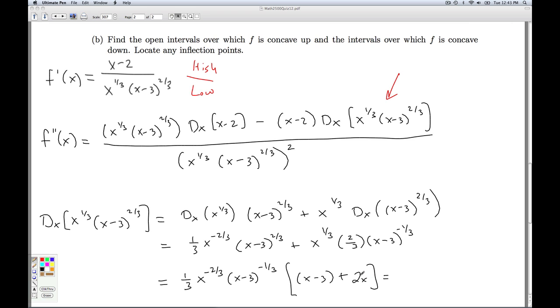And as before, I'm going to get 3x minus 3 over 3x to the 2/3, x minus 3 to the 1/3.